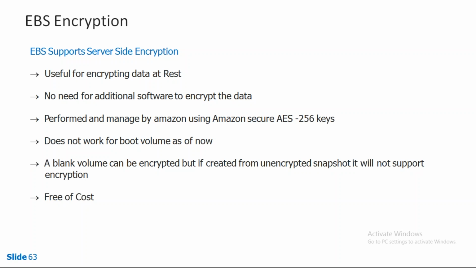If you encrypt your snapshot and create a volume from that snapshot, the volume will be encrypted by default. If you do not encrypt your snapshot, that is an unencrypted snapshot, and it will not support encryption. So a blank volume can be encrypted, but if it is created from an unencrypted snapshot, it will not support encryption.